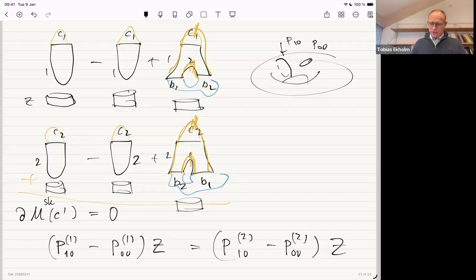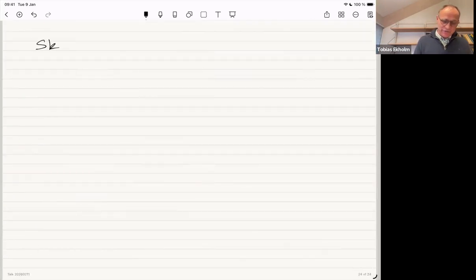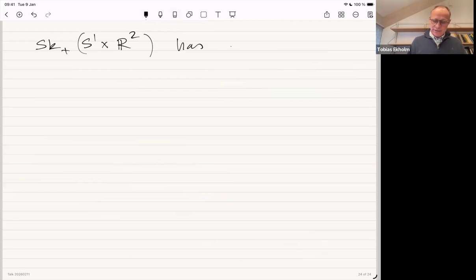And now some facts about this Skein. So Skein of S1 times R2, or maybe I'll say positive Skein, has a basis, an eigenbasis of the operator P10.